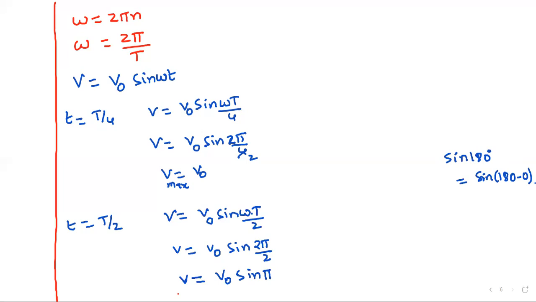Second quadrant. In the second quadrant, sine is positive. For 180 minus theta, the trigonometric ratio will not change. Sine 0 is 0, so V will be equal to 0.